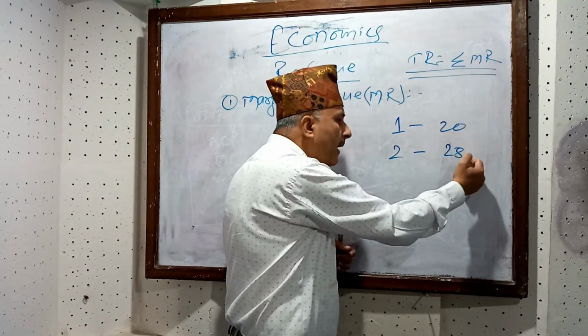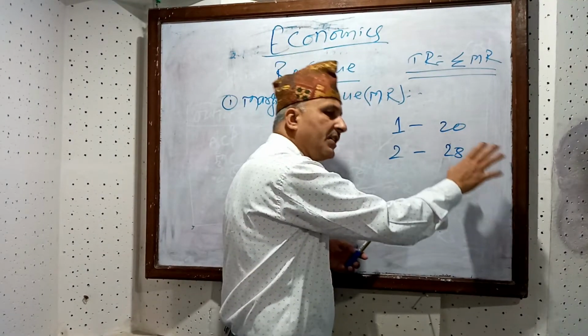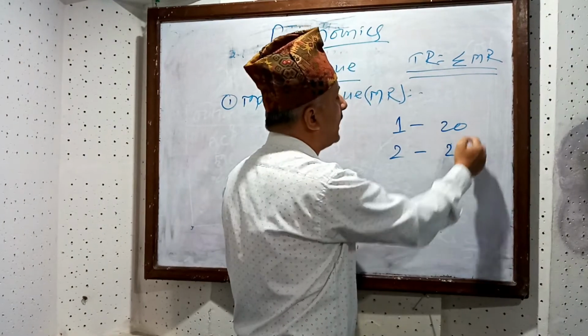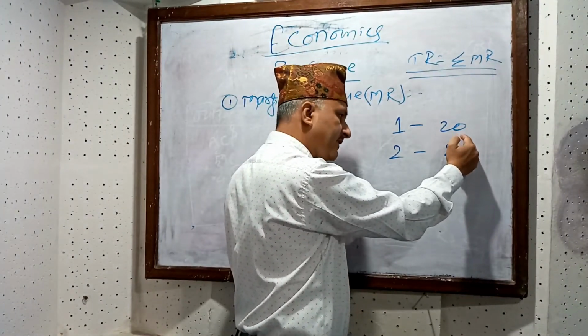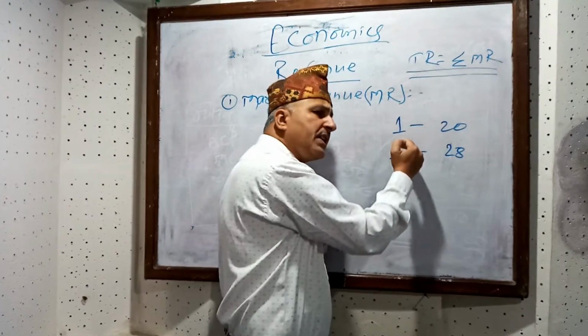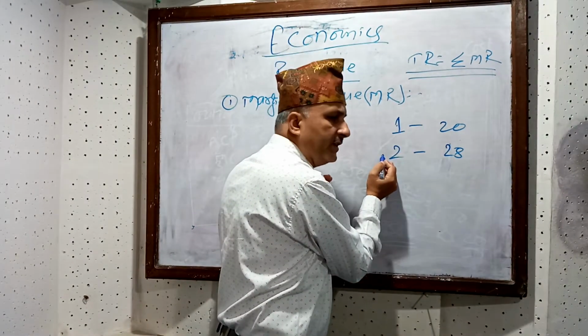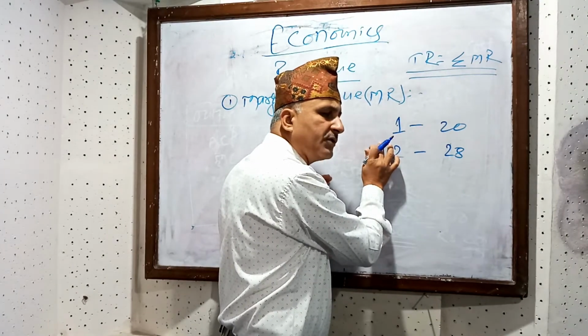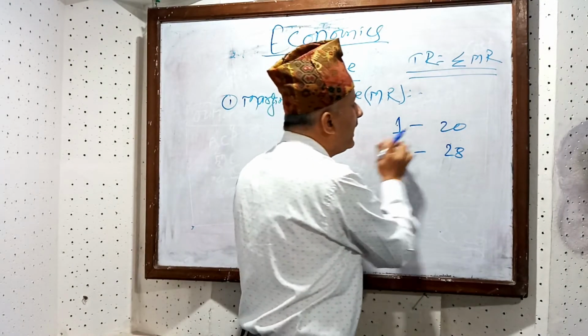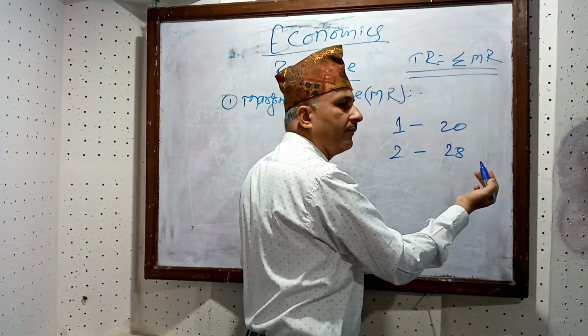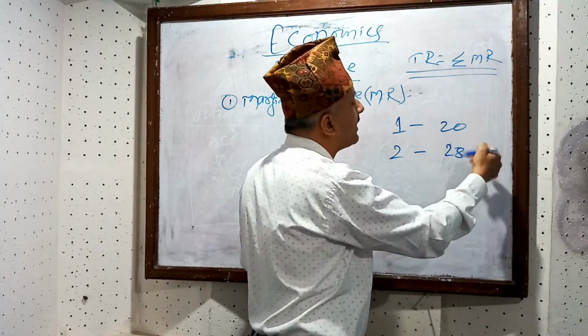Now, according to our definition, let's apply this definition. At what amount does total revenue change after the sale of one more unit of a commodity? From 1 unit to 2 units, it has increased by 1 unit. What is the amount from which total revenue changes?